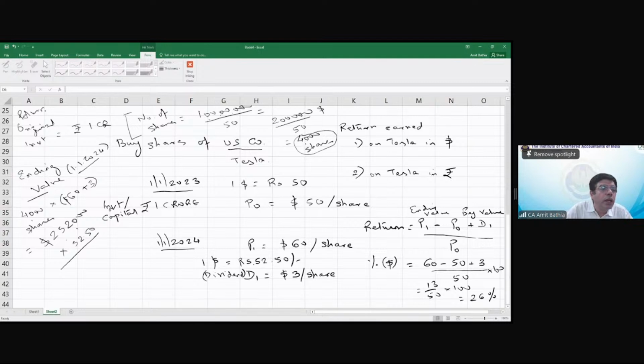What are we doing? We are calculating the return in rupees. 1 crore 32 lakh 30,000. So what is my return on investment in INR terms?